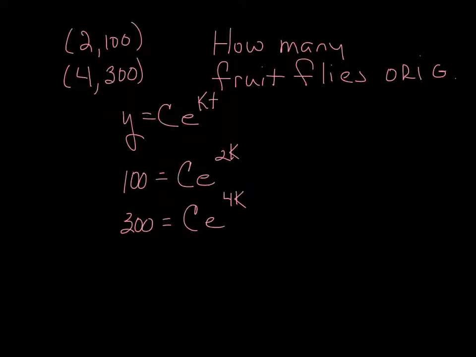So now we've got 2 equations and 2 variables. And we can use this information to find what we need. So what I'm going to do is take just some of the algebra here. I'm going to solve that for C. So C is equal to 100 divided by e to the 2k.